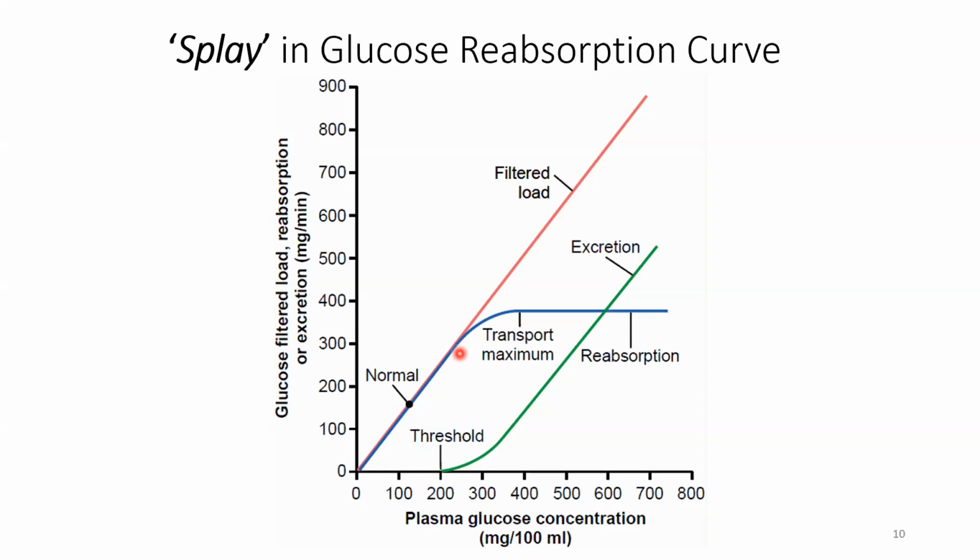The rest of the nephrons, the ones with bigger size and bigger PCTs, they still are fighting the good fight. They still are reabsorbing glucose because it's like that auditorium, but it doesn't have one door, it has more than one door, right?